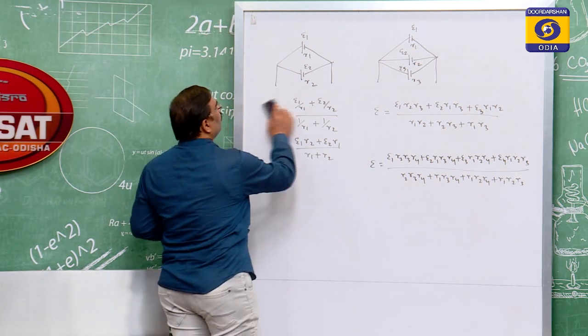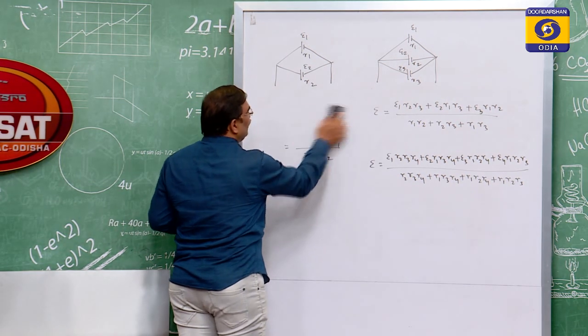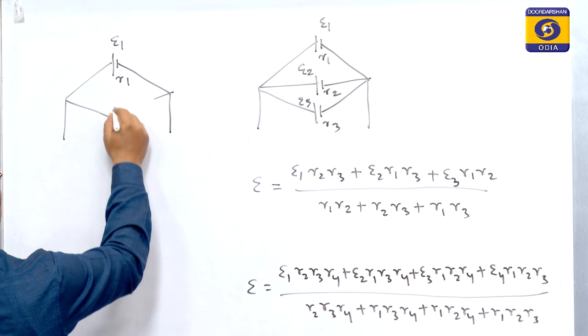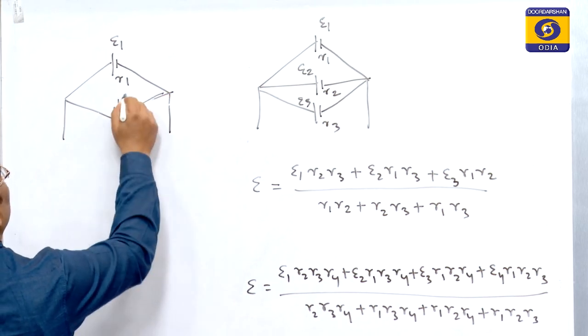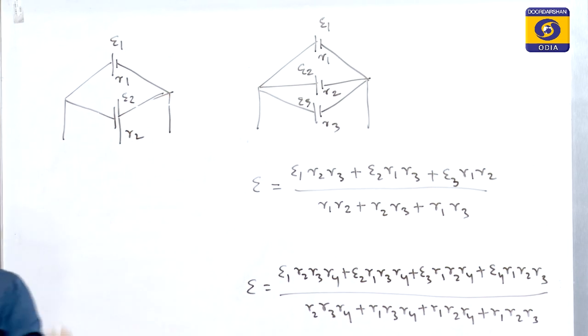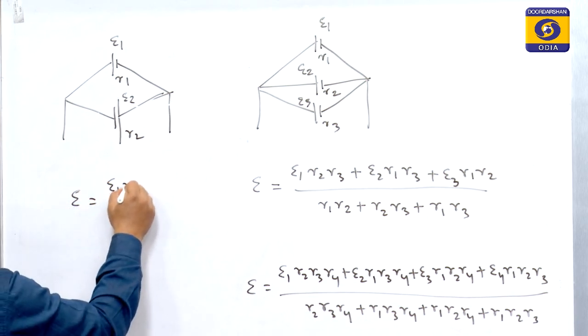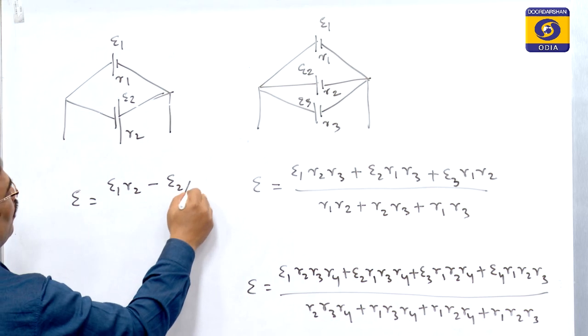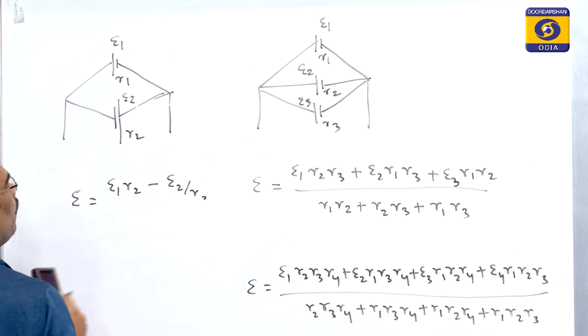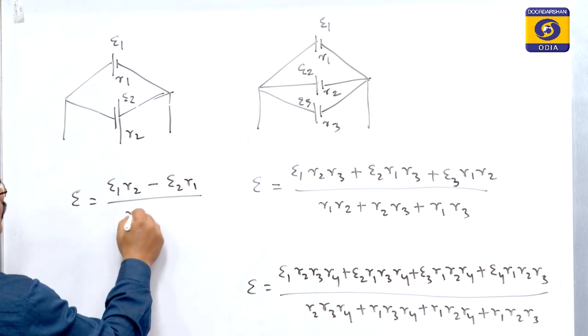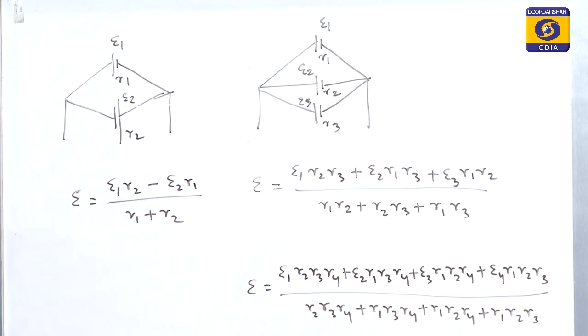Suppose in this combination E2 is reversely connected. Suppose E2 is connected like this. This is my E2 R2. So, in this case what will happen? My E will be equal to E1 R2 minus E2 R1 divided by R1 plus R2.